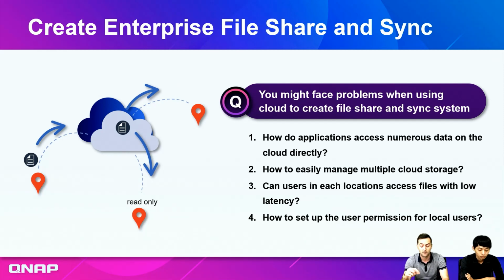If we are accessing from different places and it takes a lot of time, that would not be the most efficient way of using any of the cloud services. Another question is how to set up user permissions for local users. For example, you keep some confidential data that you don't want to share with everyone, or you want to give them only read access and not write access. How can you do so?